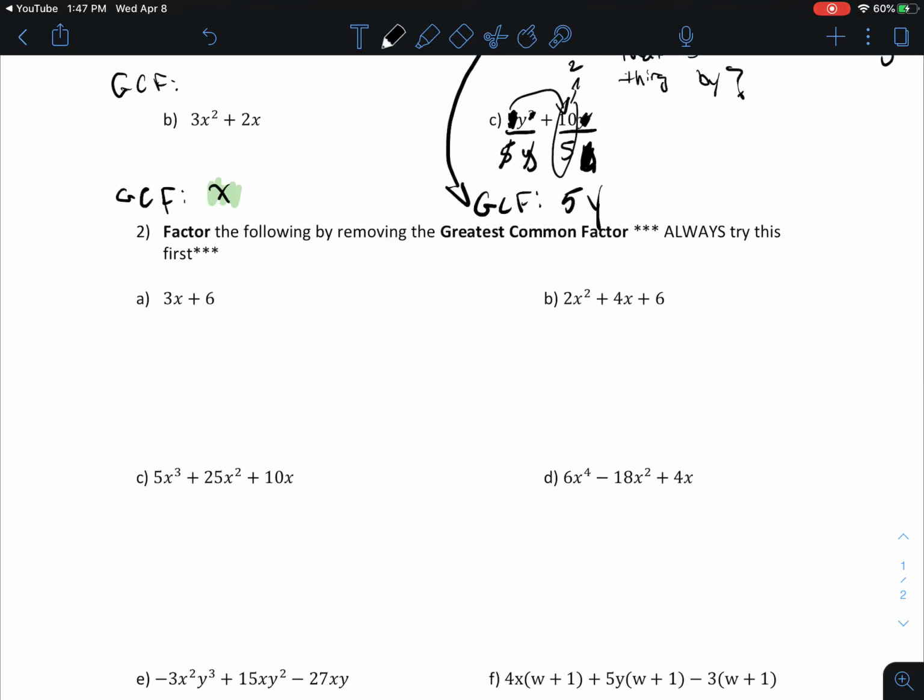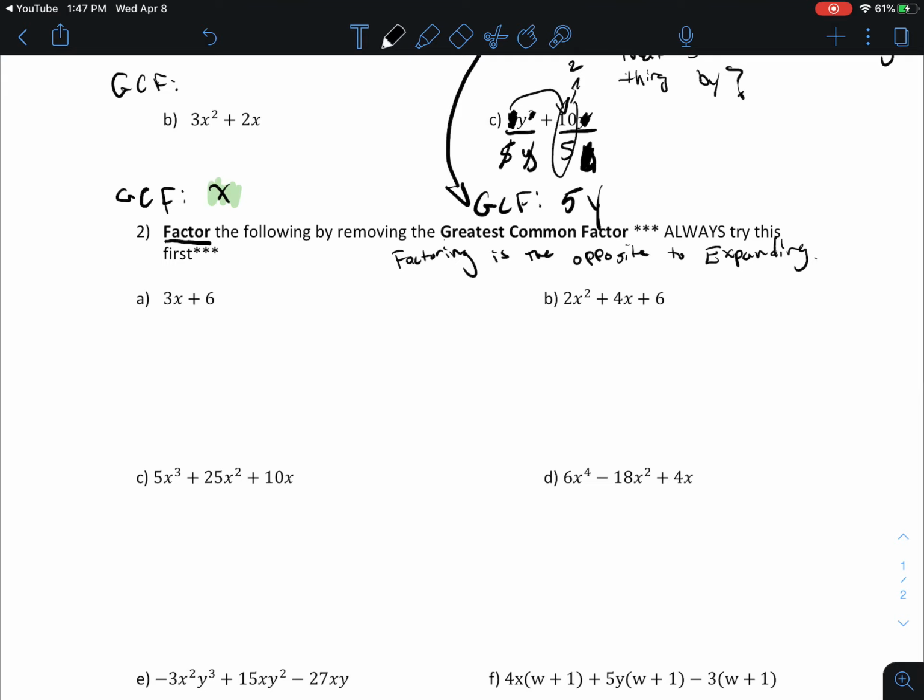Today, that's what we would call expanding. On Monday it was expanding. Today it's going to be factoring. Factoring is the opposite to expanding.